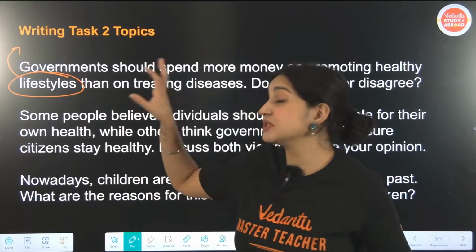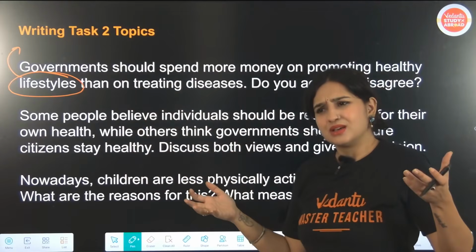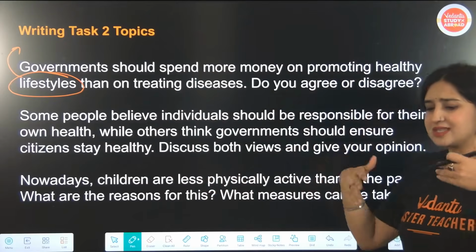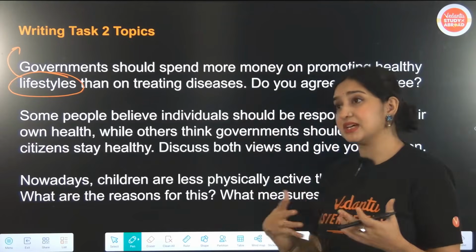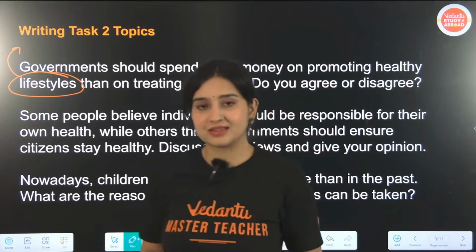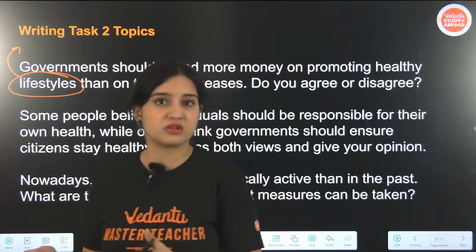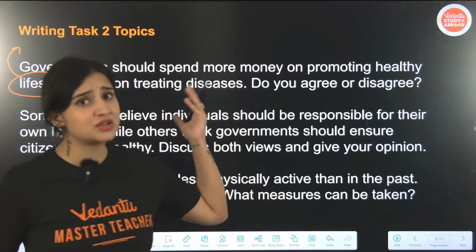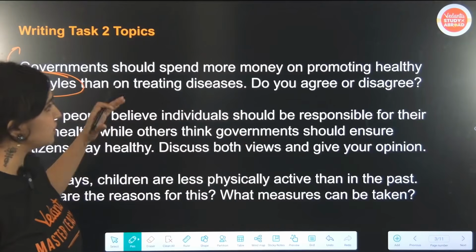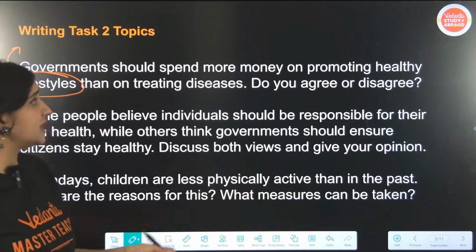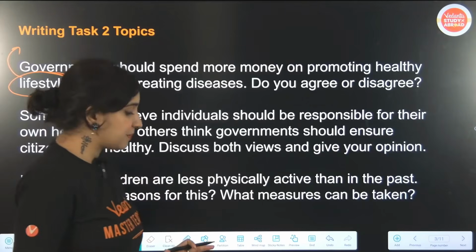So this discussion is a bit far-fetched, but you can take examples from all over the world, especially countries that have good healthcare medical facilities, which is free for all of its citizens. You can take those countries as case studies, and then you can sort of give your opinion on whether promoting healthy lifestyles should be a priority.